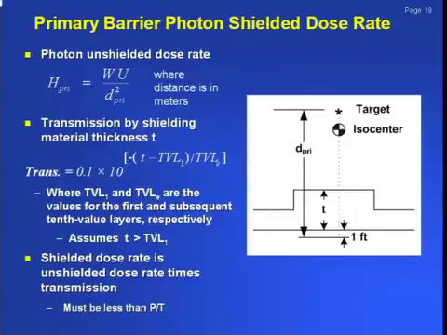So when you do that calculation, obviously your shielded dose rate at the location of interest at 1 foot beyond the barrier is going to be less than your calculated permissible dose divided by occupancy. And that is your check. You do a calculation and you check and make sure it verifies that it's actually less. By definition, here is your ISO-center, 1 meter away is your target. This is your thickness T of your barrier, and again, you're calculating that point of interest at 1 foot beyond the barrier.